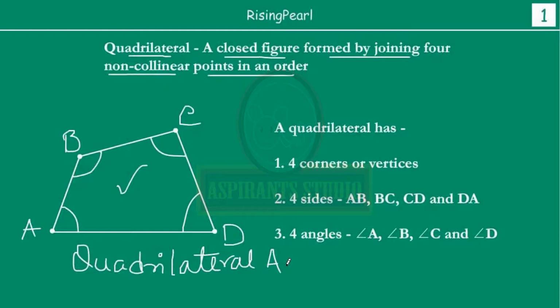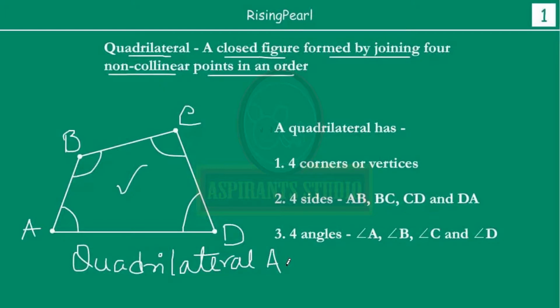A closed figure formed by joining 4 non-collinear points in an order is called a quadrilateral. A quadrilateral has 4 corners or vertices, 4 sides and 4 angles.